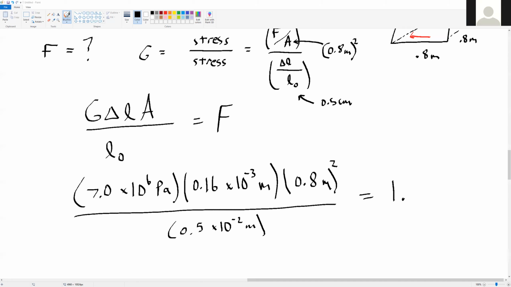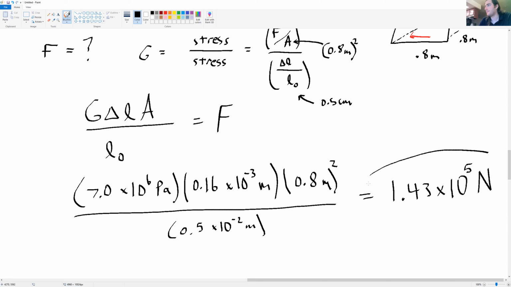I'm wondering why it's doing that. Let's try that. Oh, there it is. I see it. I had a random multiplication symbol in there somewhere. So 1.43 times 10 to the 5th newtons.